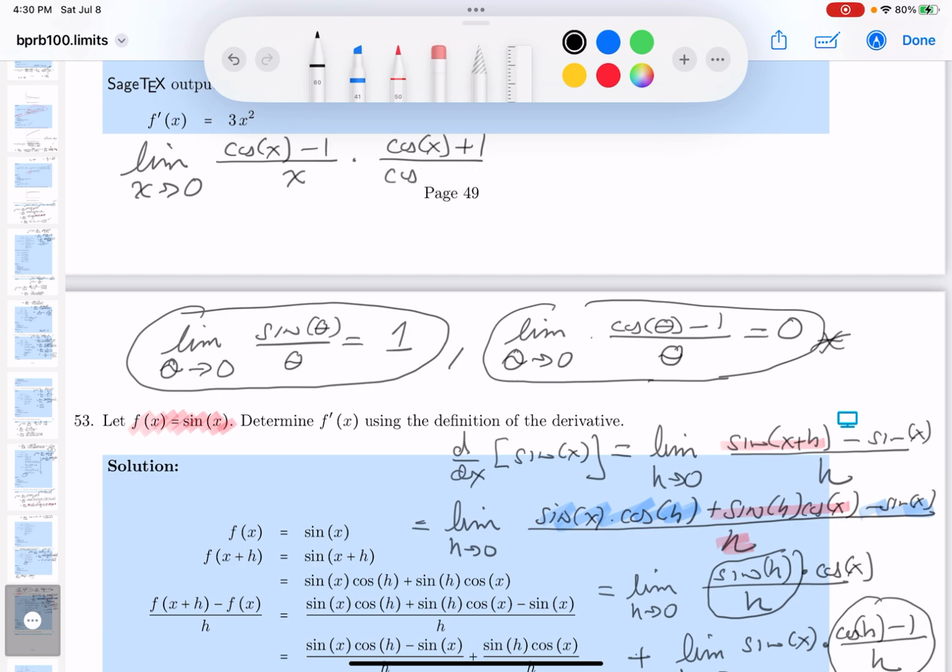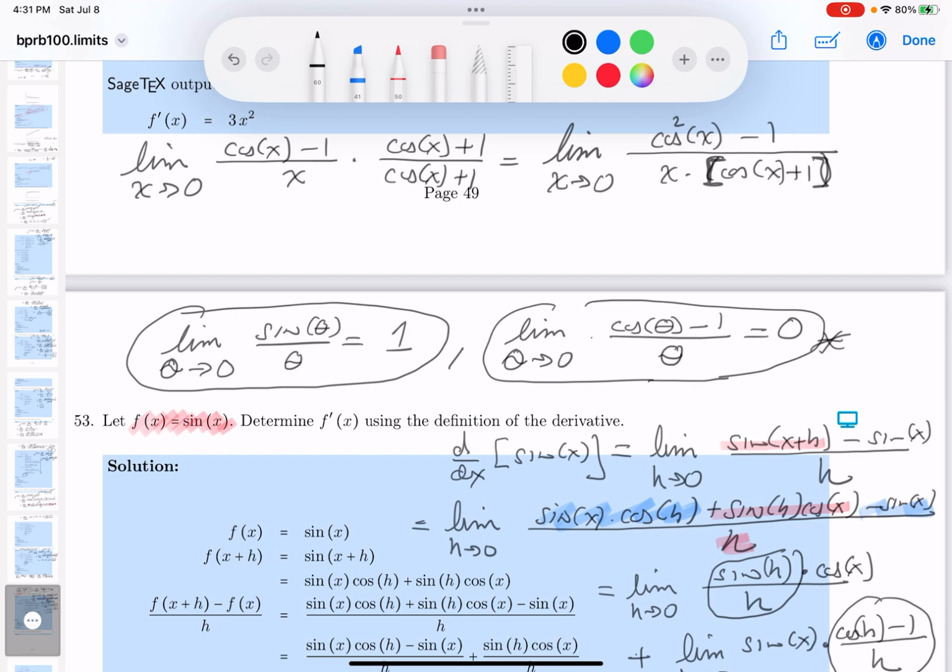I'm doing a lot of problems, that's the reason I keep working. It looks like I'm recording only one at a time, but I keep moving through this, by the way. I'm on the 52nd problem already. It also takes a lot of time to type this stuff up, by the way. So let's multiply top and bottom by the top's conjugate. What do you get there? You get cosine squared x minus 1, and on the bottom you get x times cosine x plus 1.